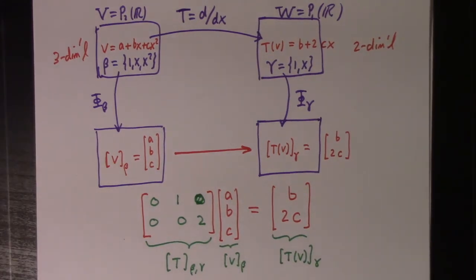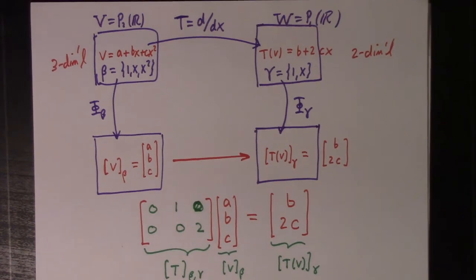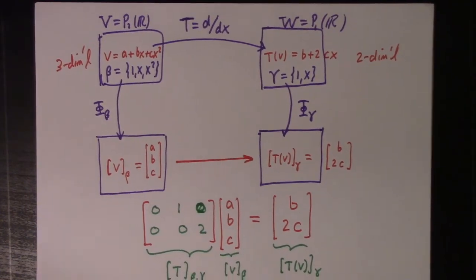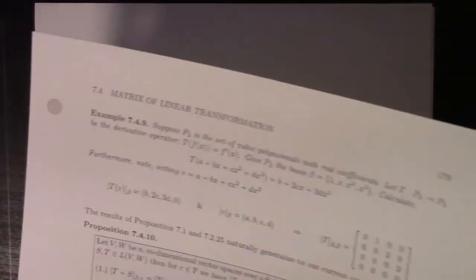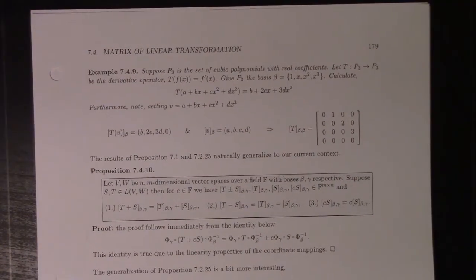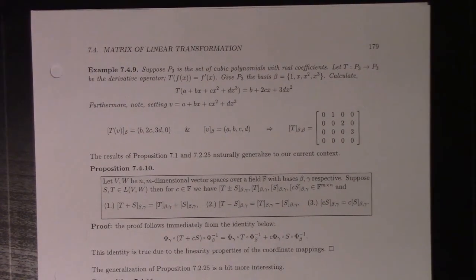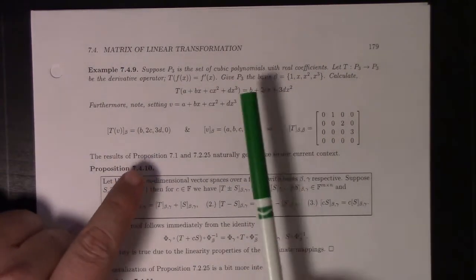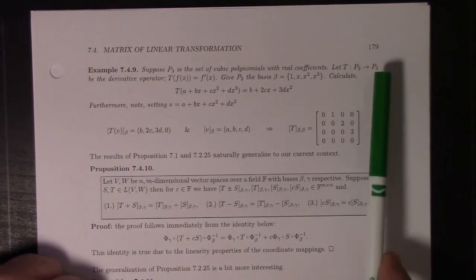All right, let me show you another couple of examples. I think I have that same example in the notes, but with slightly different notation. Let me find it. This is kind of that example. Here I have cubics, so I go P3 to P3.